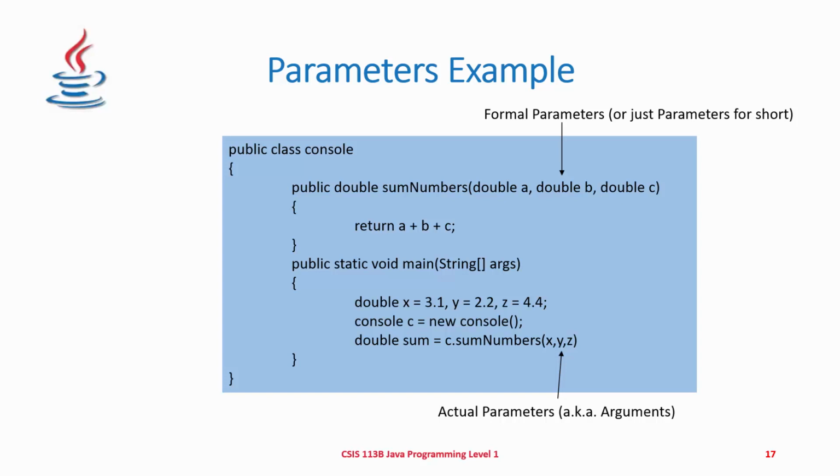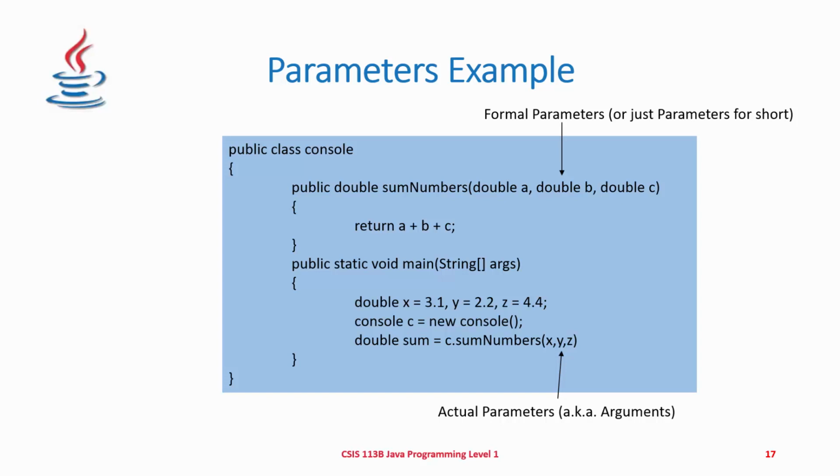It takes the numbers that we pass to it and sums them and then returns the results back to the caller. Then down in the main method, the main program flow of our program, you can see that we're initially assigning three different doubles, X, Y, and Z. So the first one, X, is being assigned a value of 3.1, Y is being assigned 2.2, Z 4.4.